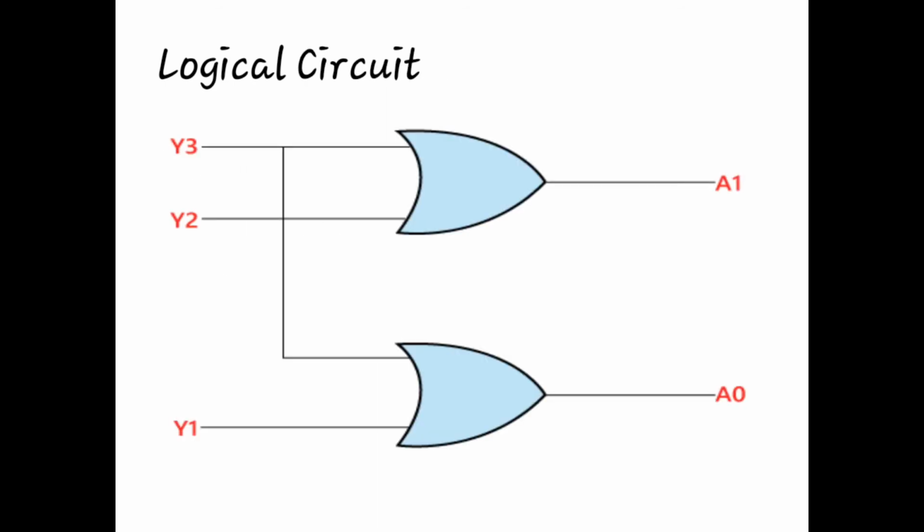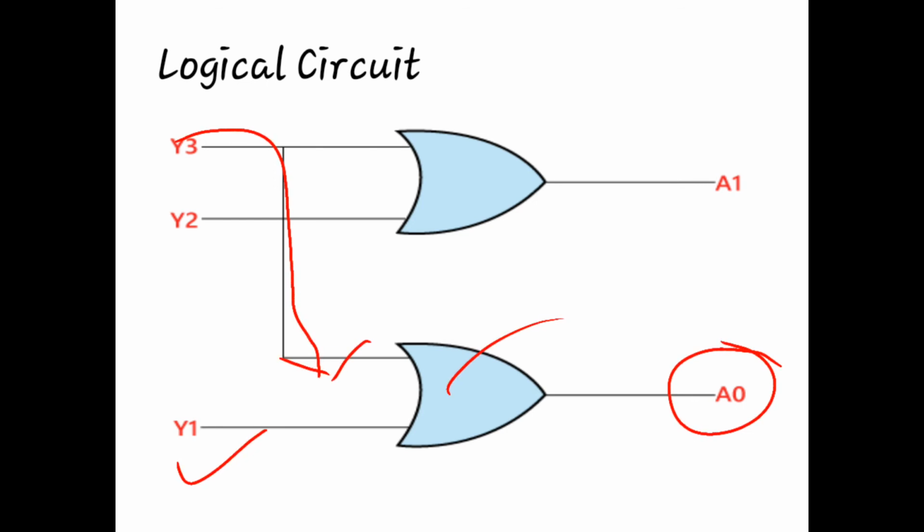So it is utilizing y1 and the second input here, that is y3, with an OR.